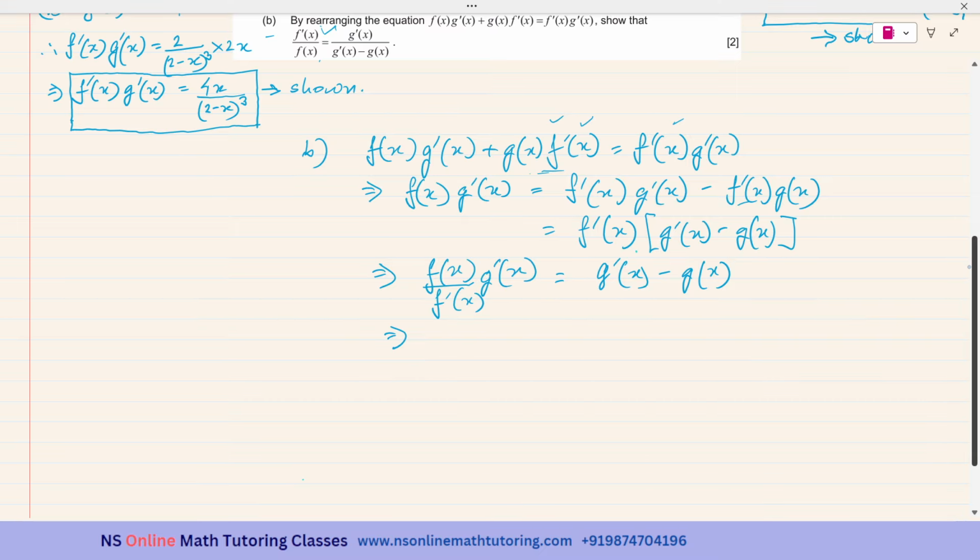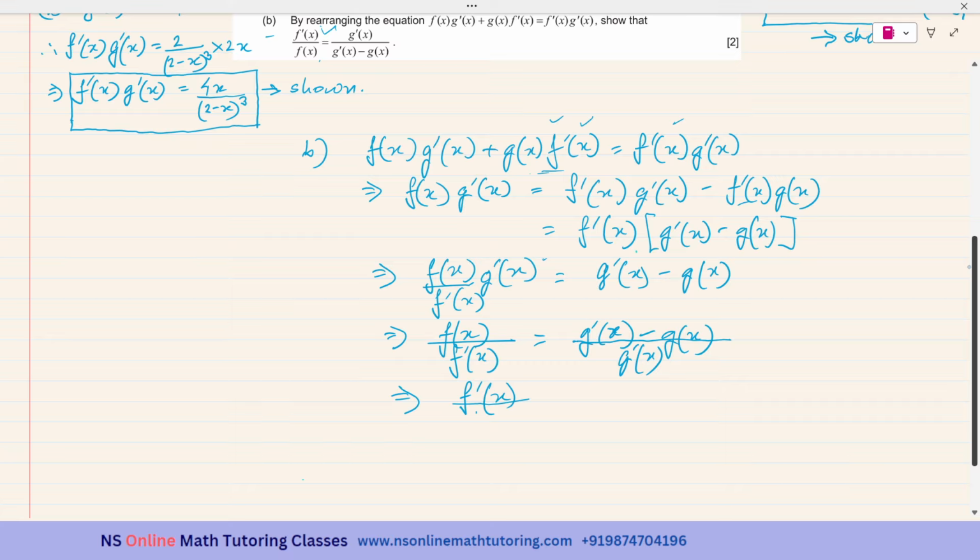So now I am dividing the entire equation by g dash x. So f of x over f dash x is equal to g dash x minus g of x over g dash x. So now I have to just bring the denominator to the numerator and take the numerator to the denominator.